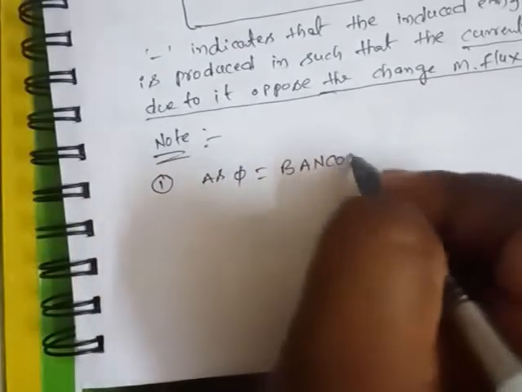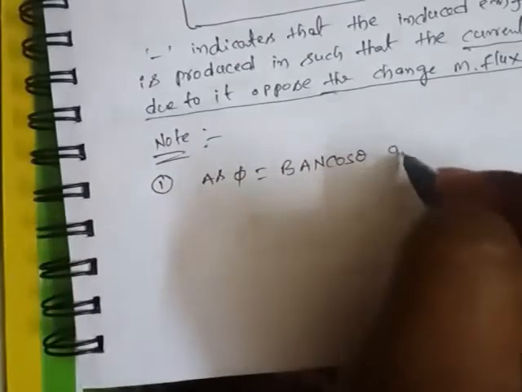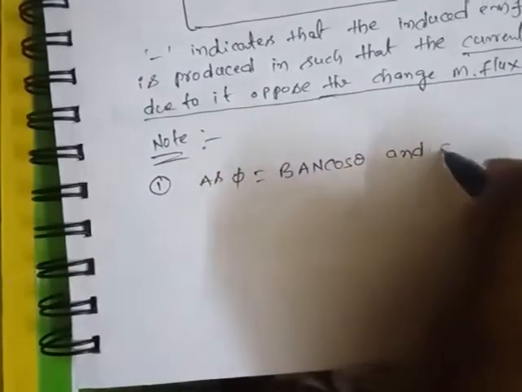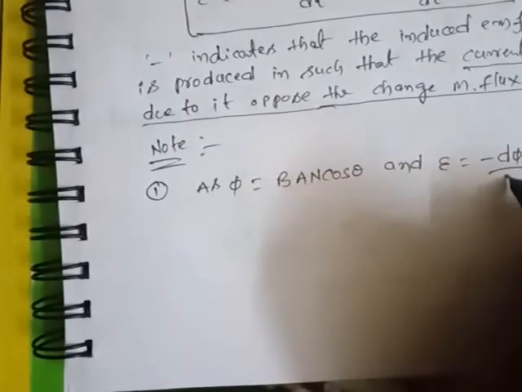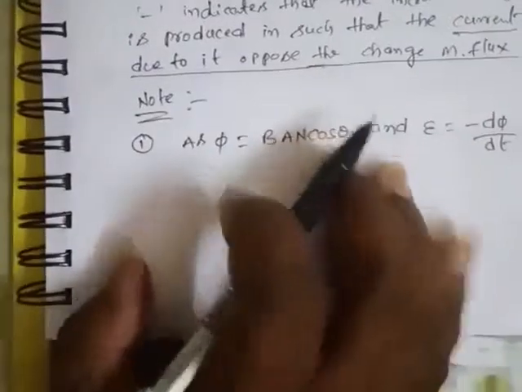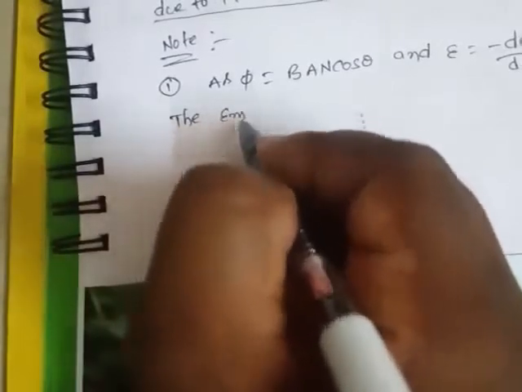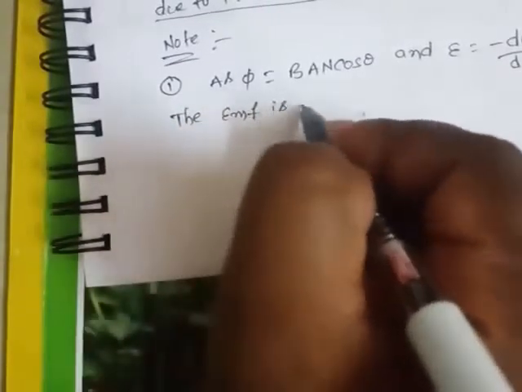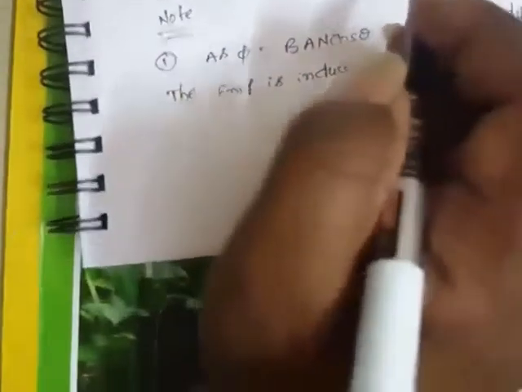This is the magnetic flux, and the induced EMF is equal to minus d phi by dt.